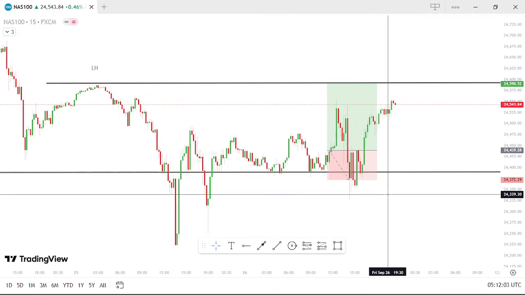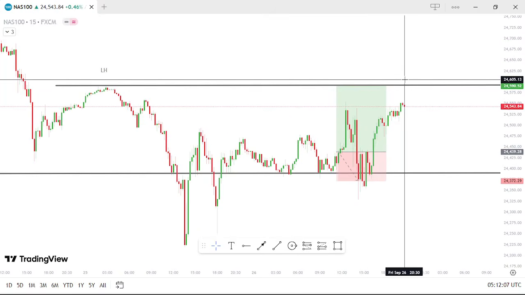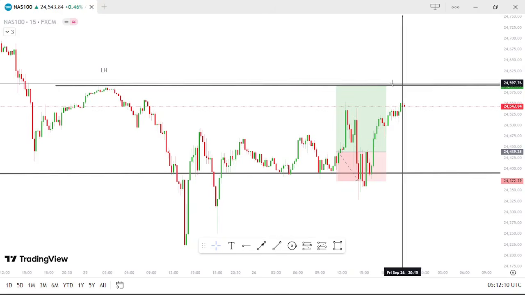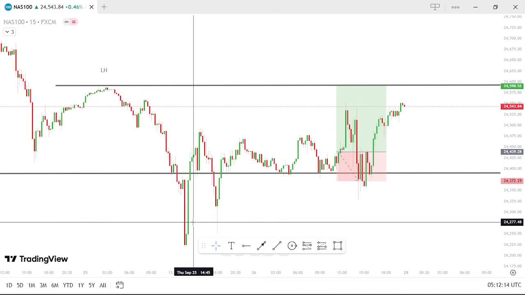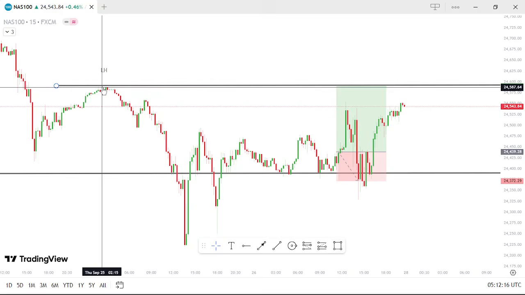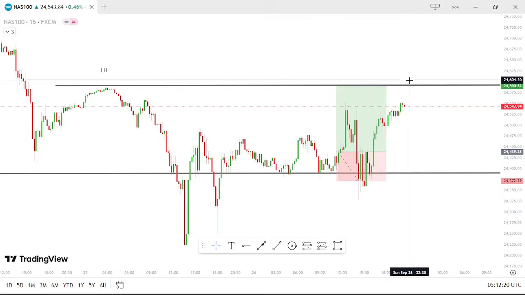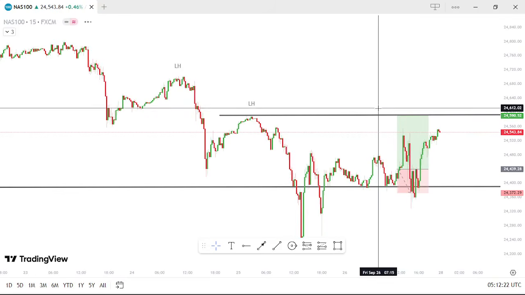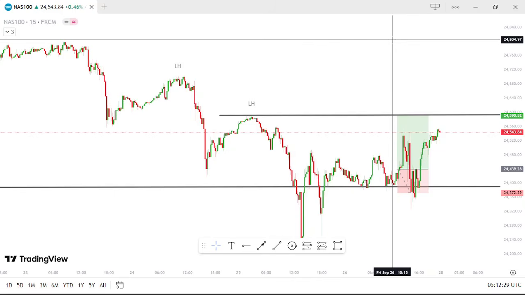So with that being said, once price is above this zone, where obviously is the lower high that made this low, this is the swing high. When price breaks the swing high, what does that tell you? That tells you that trend is likely going to change, and price is likely going to keep pushing up.